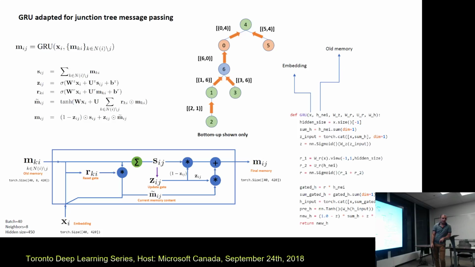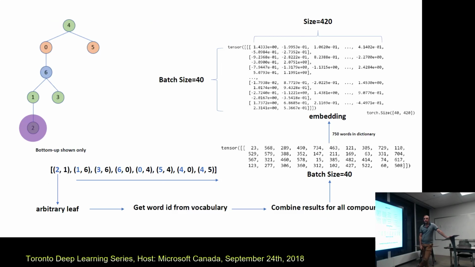Now, I talked a lot about transferring information, but I never talked about what information we're transferring. Before that, could you go back to the previous slide? I just want to make sure I know how you're making the embeddings. Which vocabulary are you gathering from?